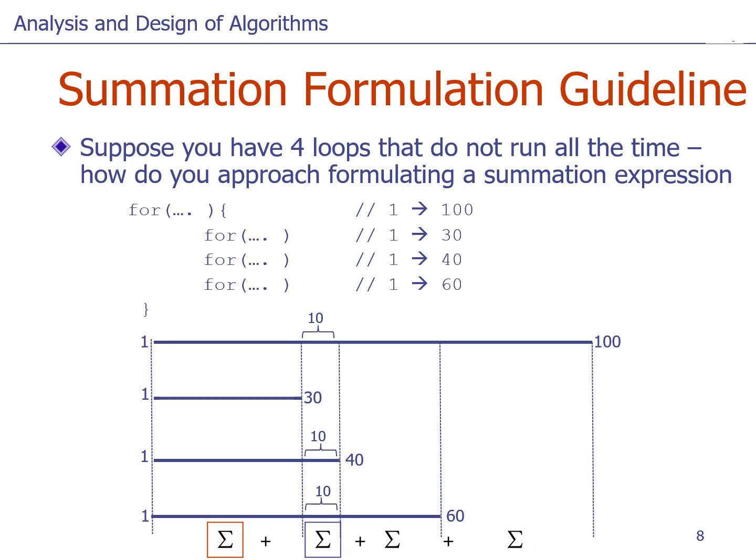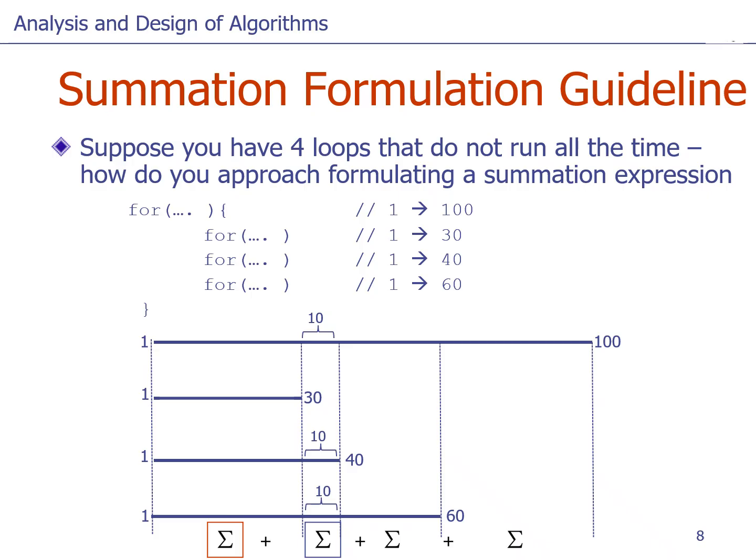And then what you do is you write a summation for every region where all or a group of them are active. And this is why I have put these dotted lines.